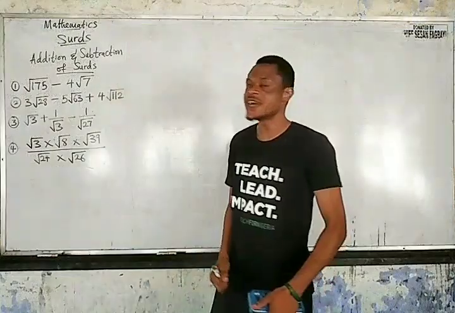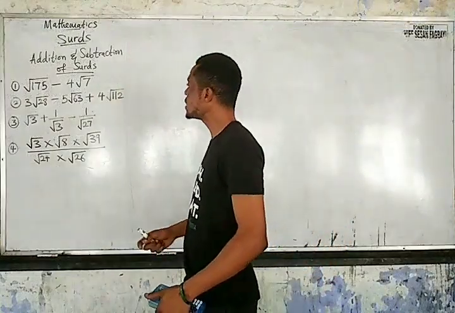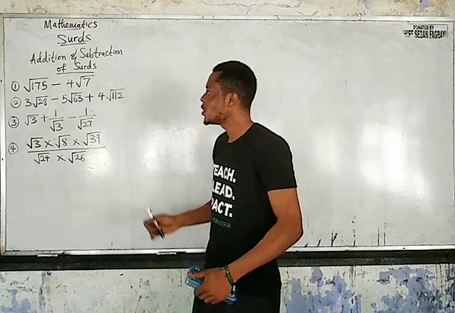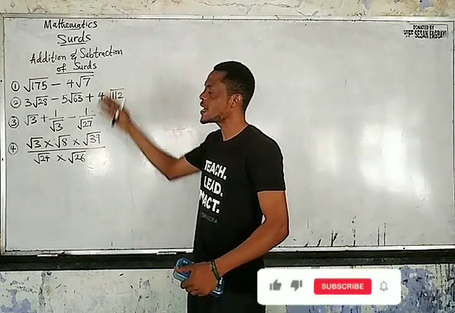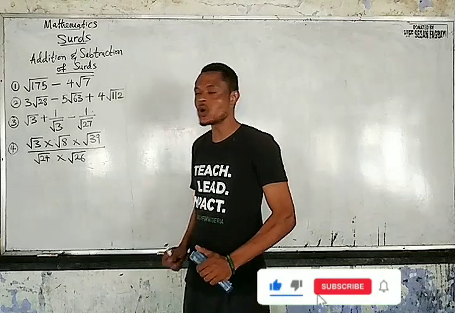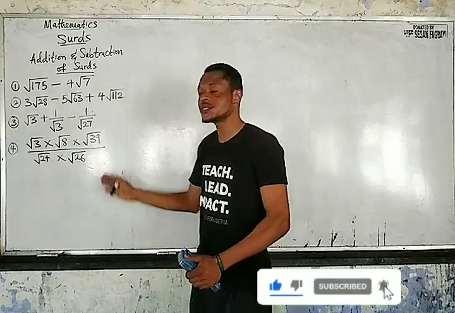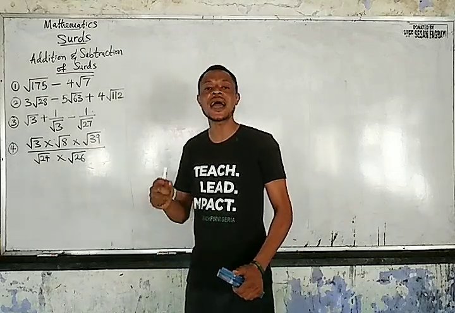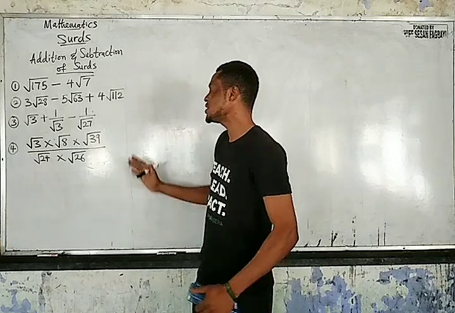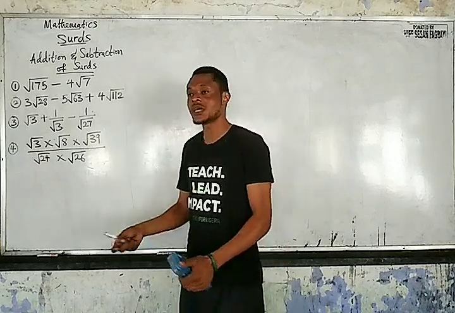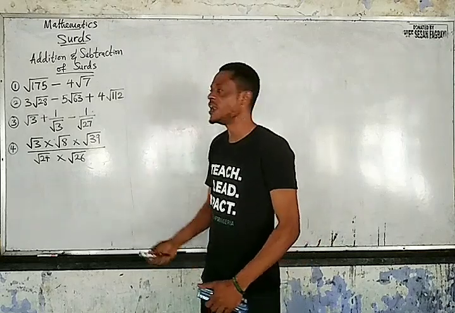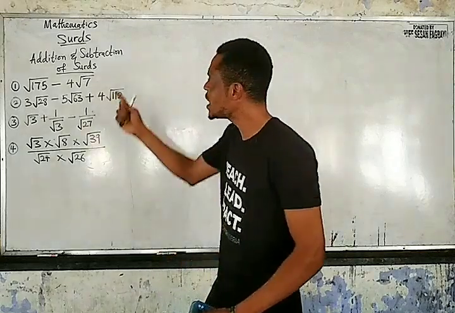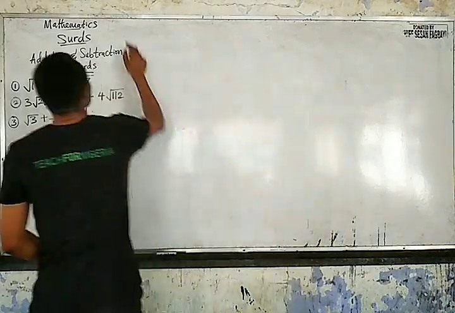Easy. We move on to the next one, which is addition and subtraction of surds. So we have these 4 examples for addition and subtraction of surds. Of course, the fourth one is from multiplication and division of surds. So I decided to just add this to it as a kind of support to what we have already learned. So without wasting time, let's see what this will give us.